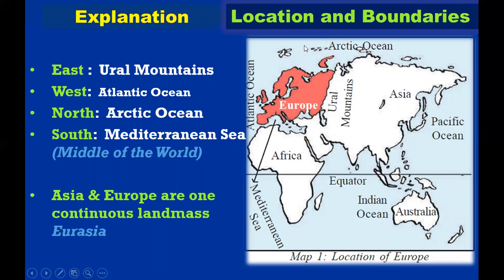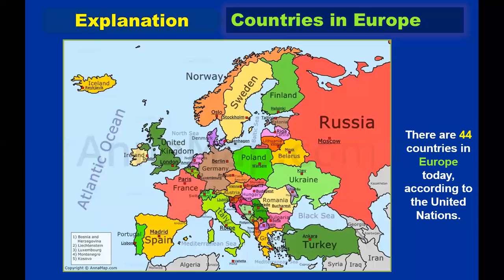In the north we have the Arctic Ocean, and in the south we have the Mediterranean Sea, which separates Europe and Africa. And one more thing, children, Asia and Europe belong to one landmass. They are continuous in one land, so we call them Eurasia.